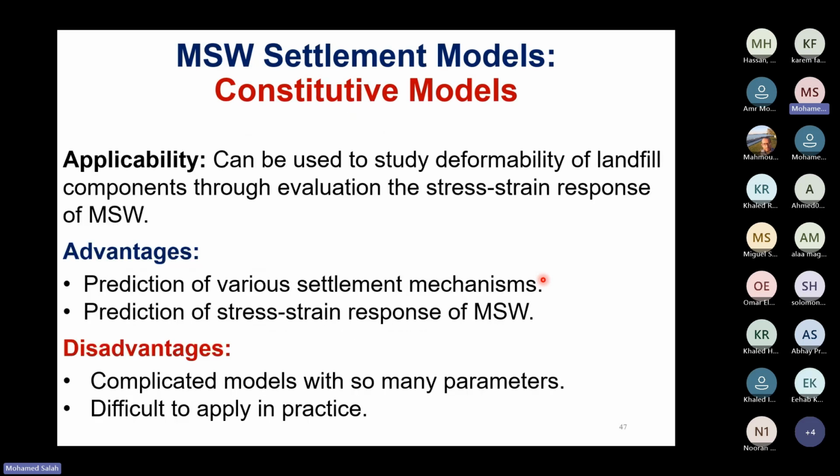For sure, it has an advantage that it predicts various settlement mechanisms. It can predict the stress-strain response of the municipal solid waste, but it's a very complicated model with so many parameters, and it's not easy to apply in practice unless it's programmed in a certain numerical modeling software.